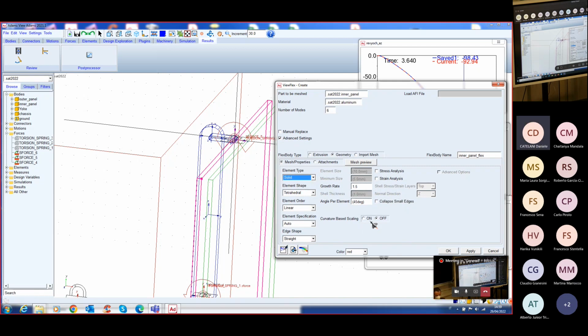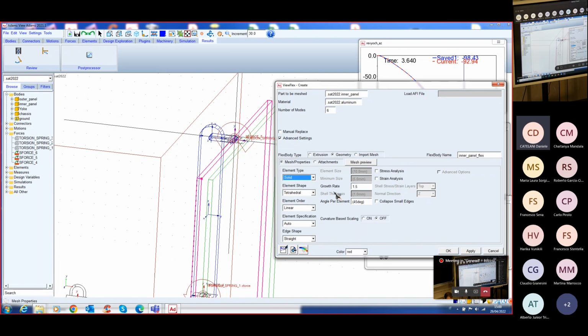And then I can define the attachment node. When I select and use this window and I click on OK, but now I don't click on OK, Nastran embedded into Adams is performed.